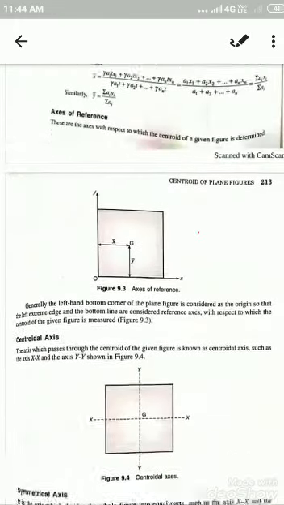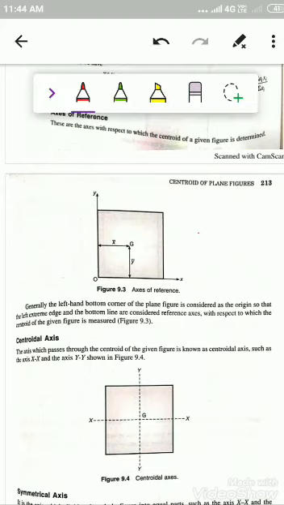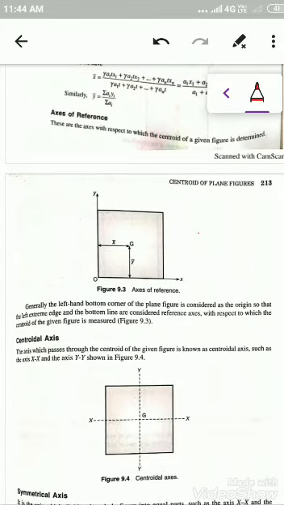Let us move to some other basic definitions. Next is the reference axis. You can observe here the reference axis. The reference axis is the one from which you are going to calculate this CG value. That is the axis with respect to which the centroid of a given figure is determined. This is the x-axis, this is the y-axis.